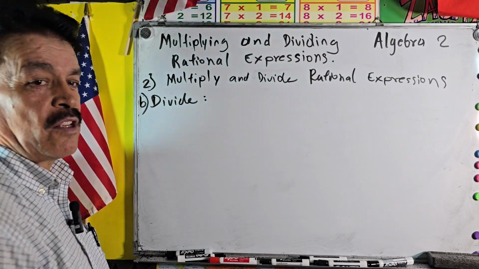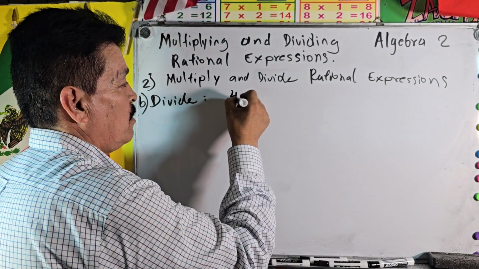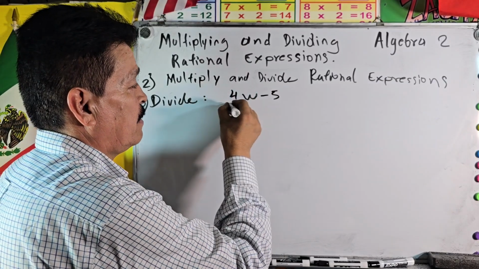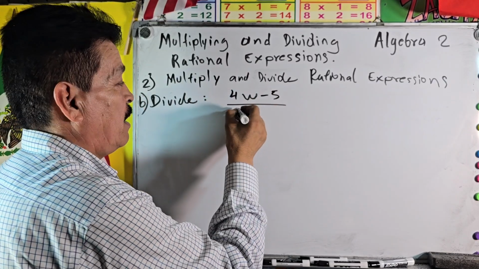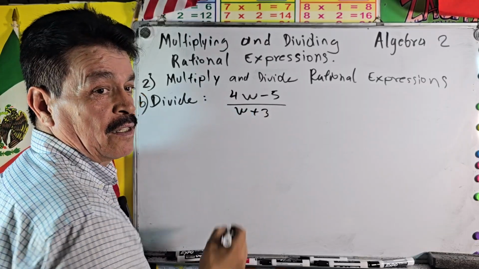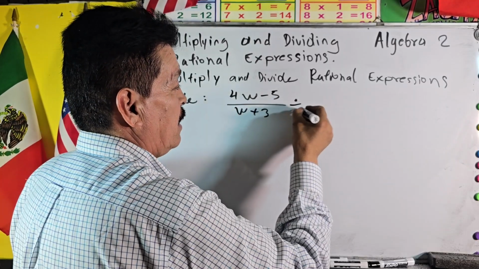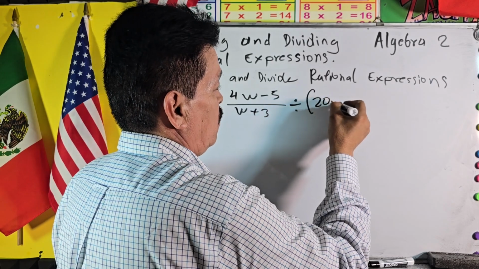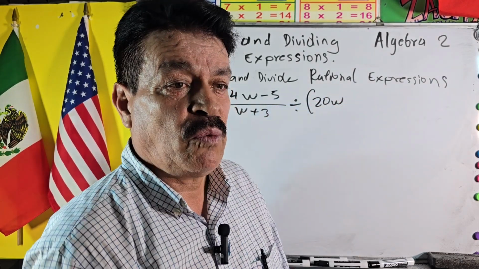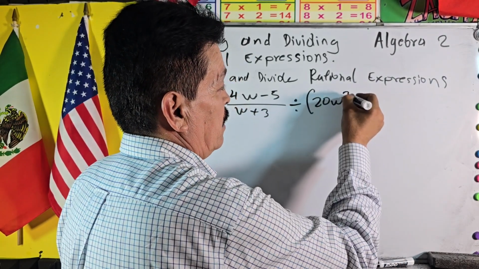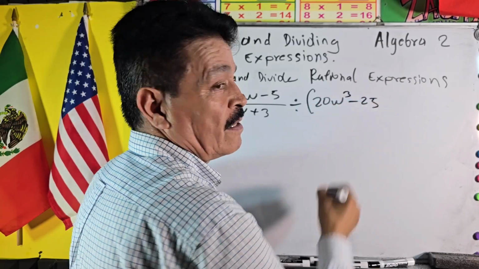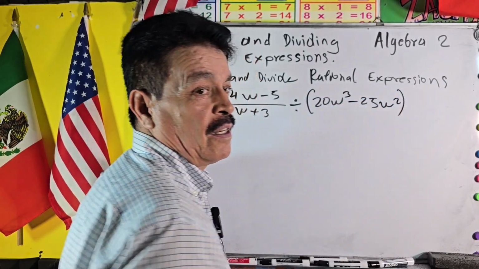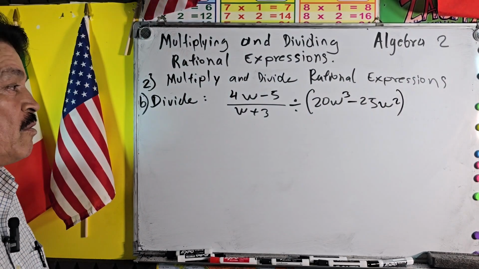Let's write 4w minus 5 divided by w plus 3, divided by 20w to the third power minus 25w squared. That's our problem.